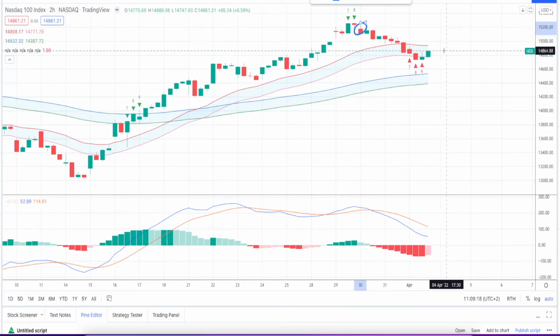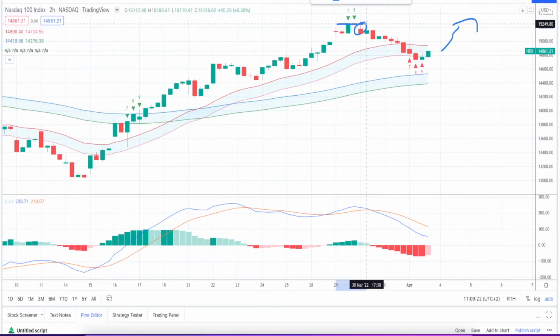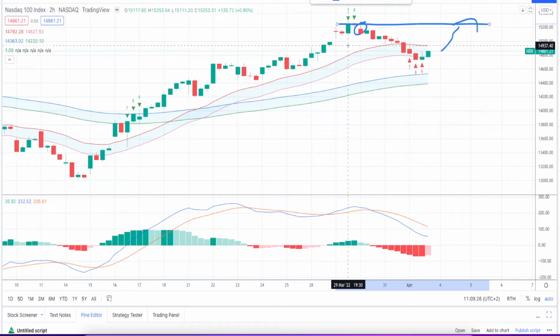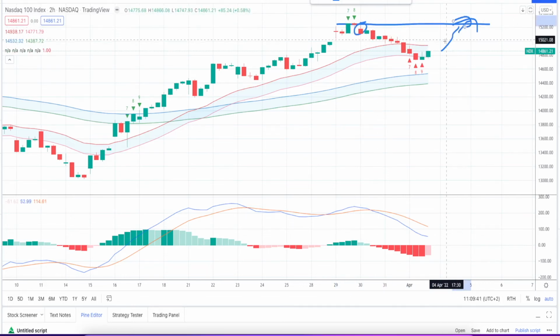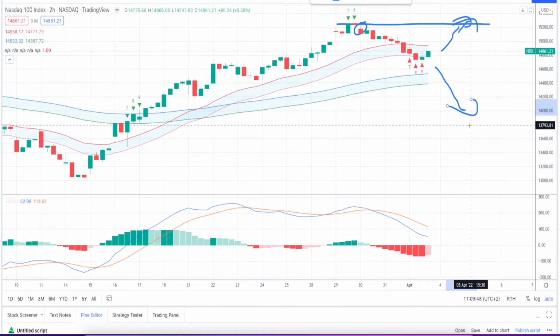Only when the market creates a new higher high, which is above 15,253. This will mean that my selling here is wrong, so I will buy back again. Or if the market does have a correction, I will see whether I can spot another bottom structure somewhere.